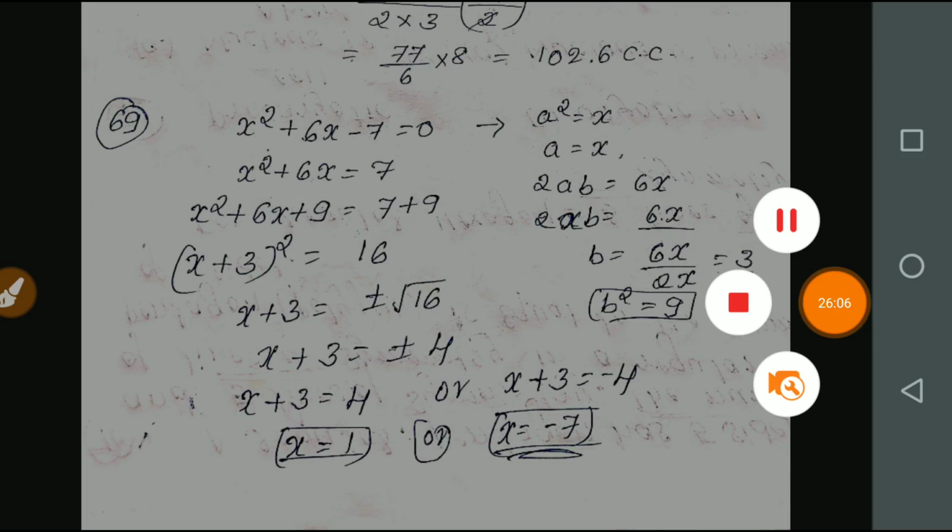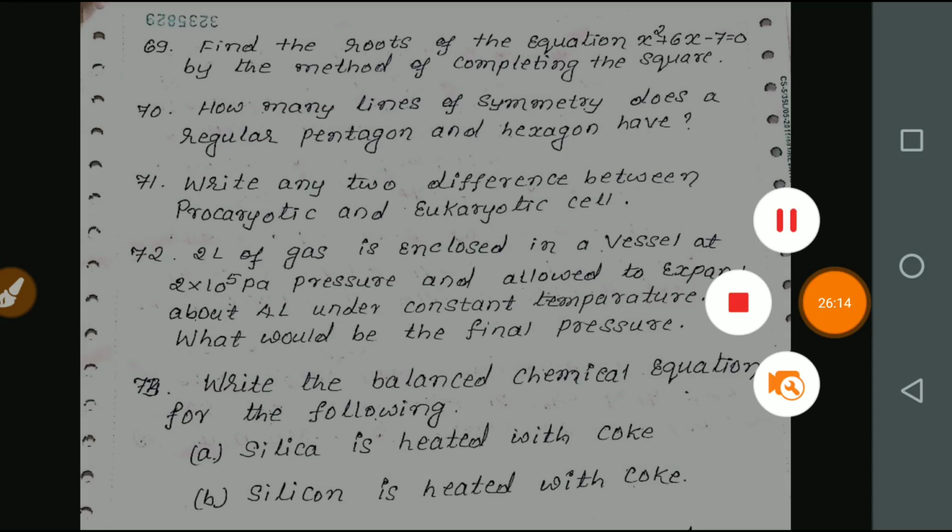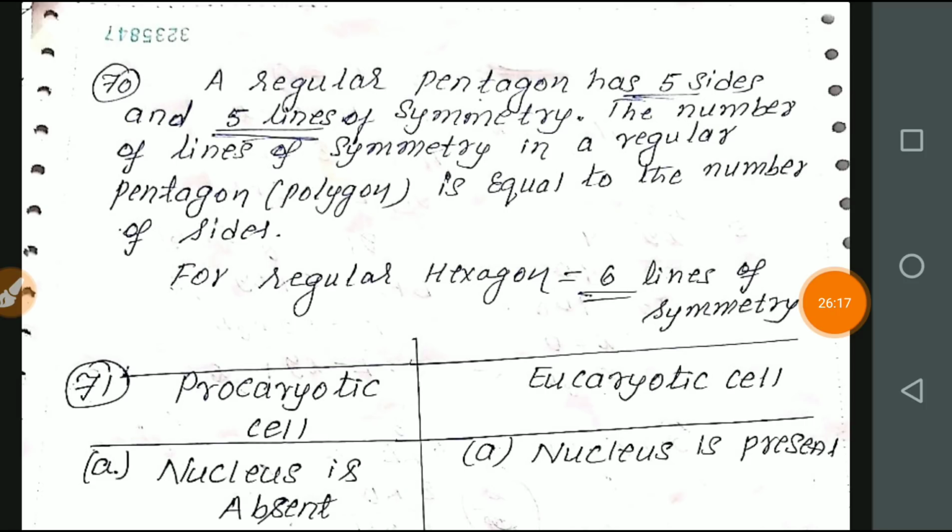How many lines of symmetry does a regular pentagon and a hexagon have? A regular pentagon has 5 sides and 5 lines of symmetry. The number of lines of symmetry in any regular polygon is always equal to the number of sides.